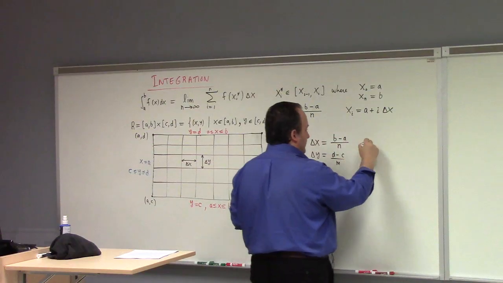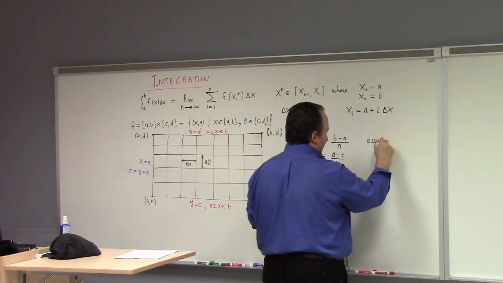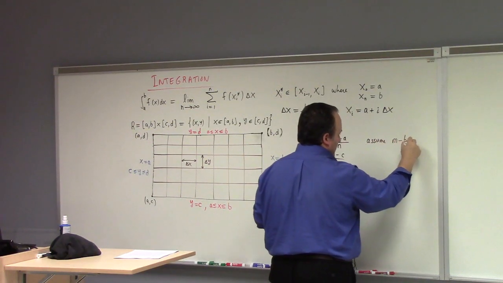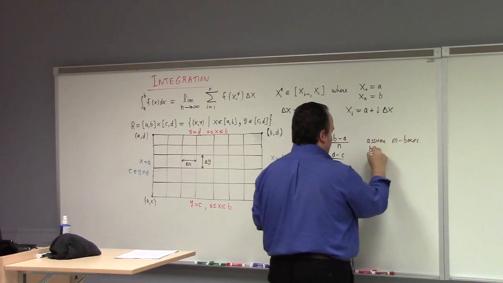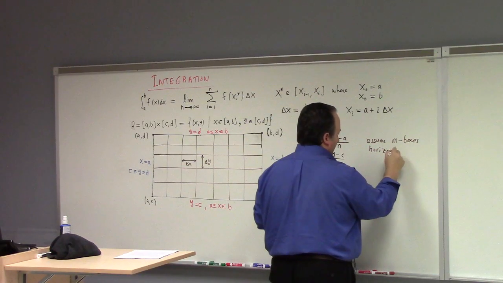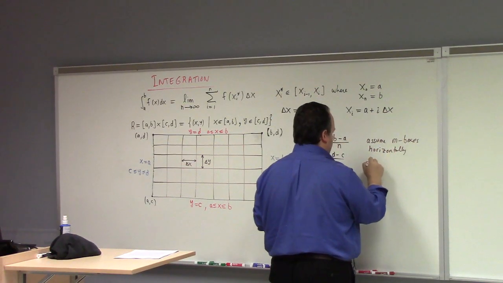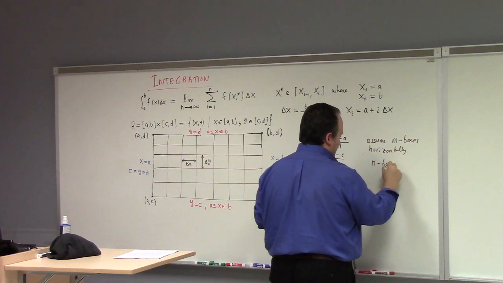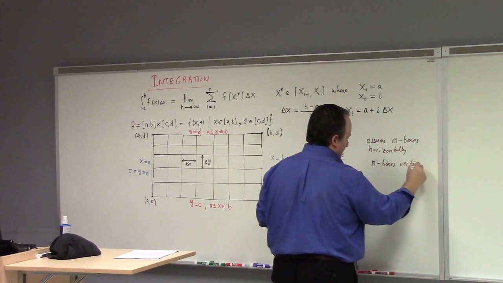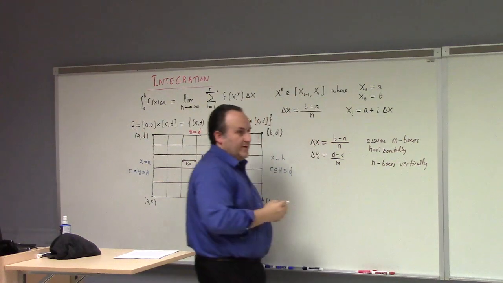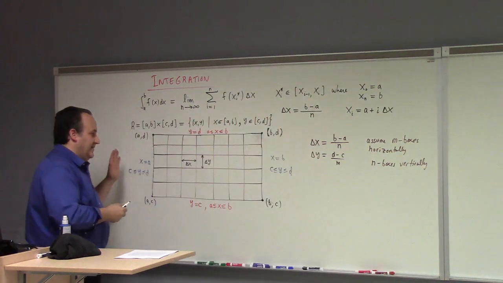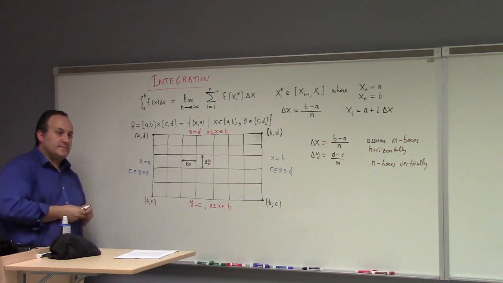So assume m boxes horizontally and n boxes vertically. In other words, I have mn total boxes, right?